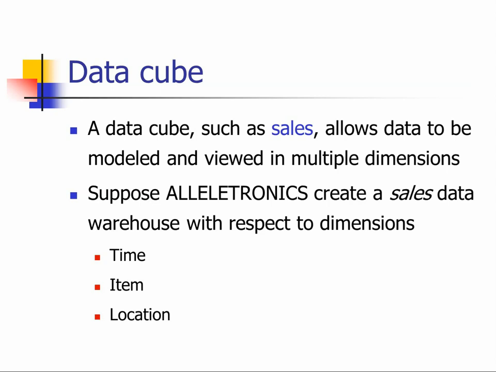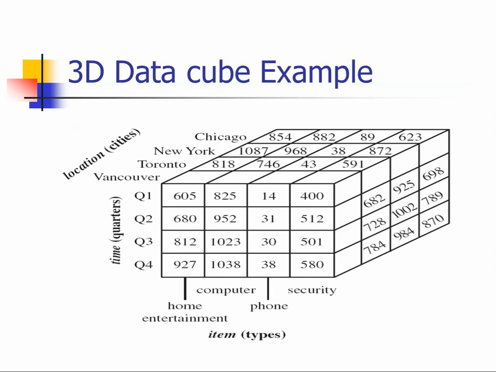Putting those three together, we are able to create a data cube that looks like this. If you read the information behind it, you can understand that 927 is the combination of home entertainment with Q4 sales in Vancouver.